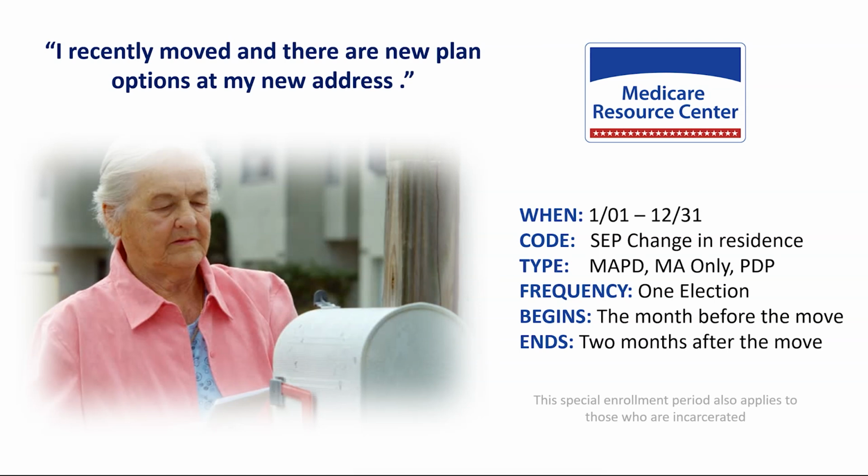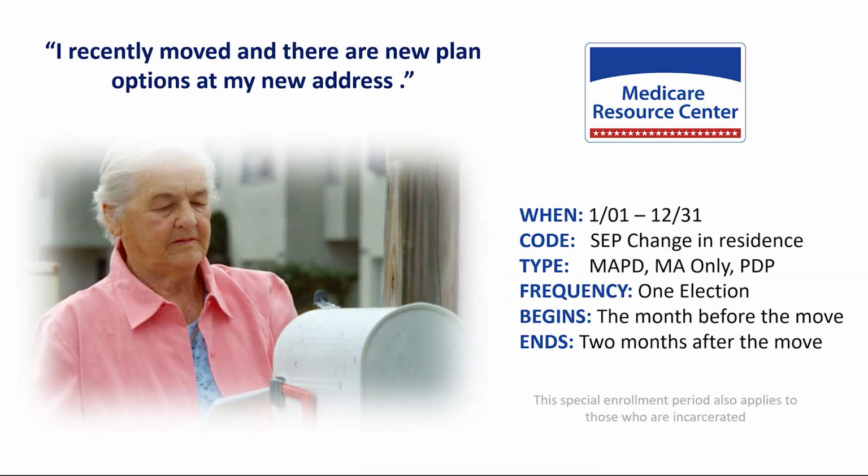Meaning you moved. Now, I've also had some people that moved, and when I got to them, they said, I moved 3 months ago. Now, if you look at the end date on this, you can't use this enrollment period unless it's been within 2 months of the move. However, when I asked them the question, did you change your address with Social Security? They told me no. And even though they were 3 months from actually physically moving, they hadn't told Social Security yet.